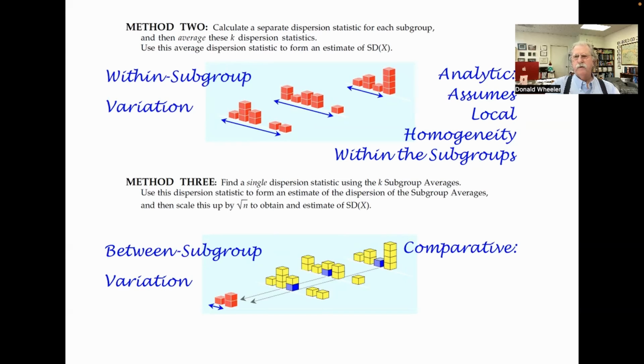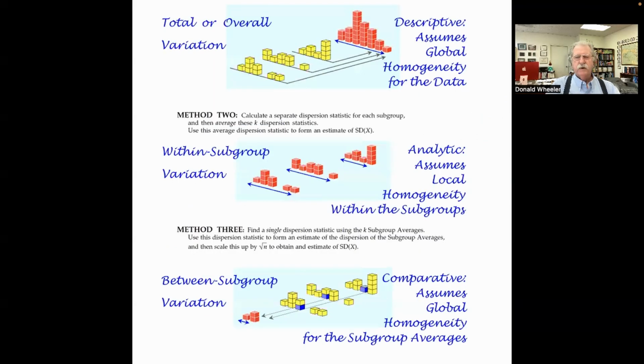Because what did we just learn? If there are signals in the data, method 3 is going to be inflated relative to method 2. Method 3 assumes global homogeneity for the subgroup averages.